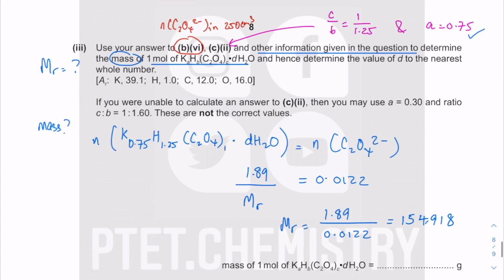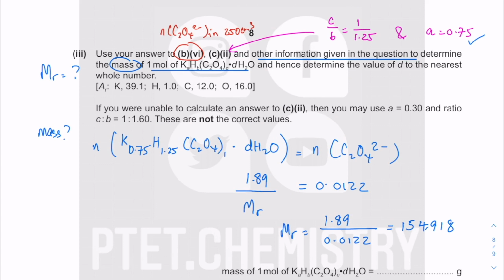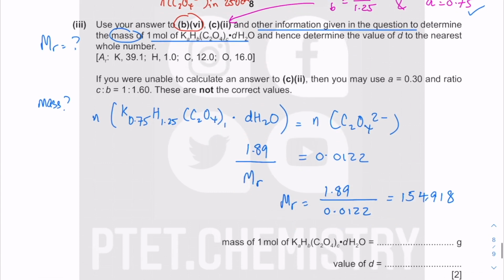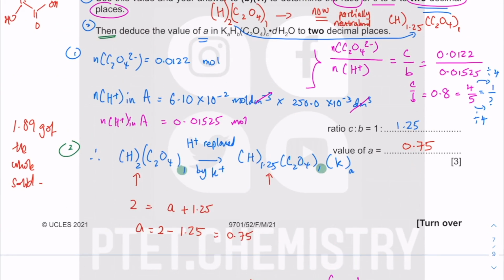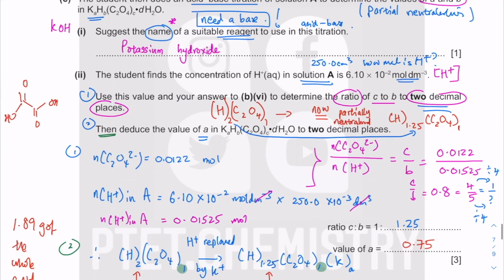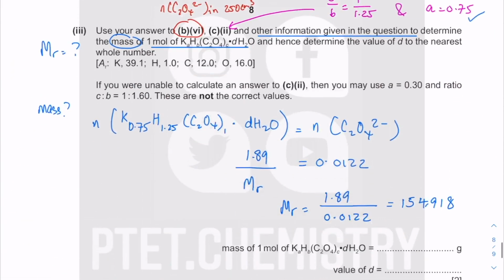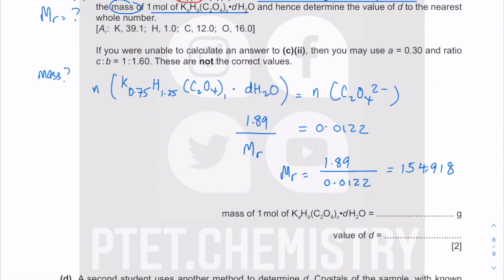They did not specify how many significant figure, but based on the other bit of the questions, they did say 2 decimal place for this, but it turned out that I used 3 significant figure for my other data, so I think it is okay to give it to 3 significant figure.